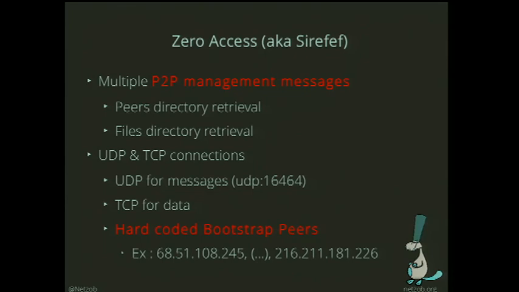Inside each binary, you have a set of hard-coded bootstrap IPs. The zombie connects to these peers, retrieves the peers directory, and can speak like any peer-to-peer protocol. So we are going to play with the peer-to-peer protocol.